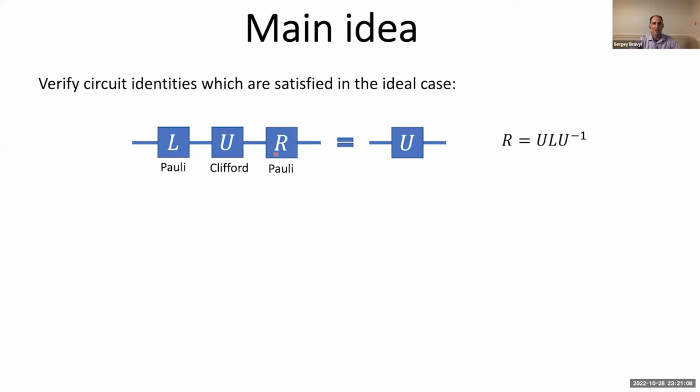So the identity shown here says that any Pauli operator L on the left side of a Clifford circuit can be cancelled by applying a suitable Pauli operator R on the right side. And this is just another way of saying that conjugating a Pauli operator by a Clifford gives another Pauli.